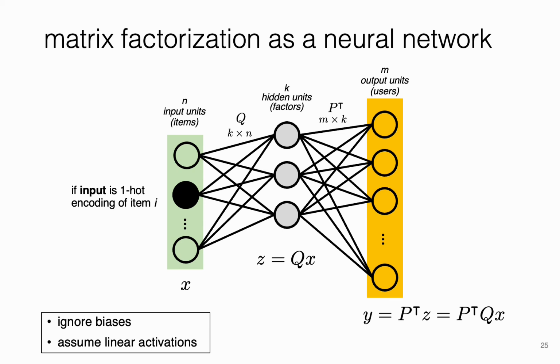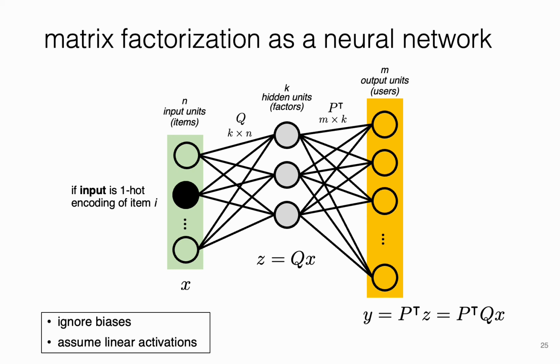Then the output layer contains 1 unit per user. The weights of the second layer are denoted as p transpose. So the output y is the product of p transpose with z.